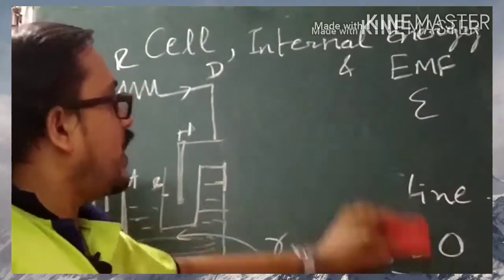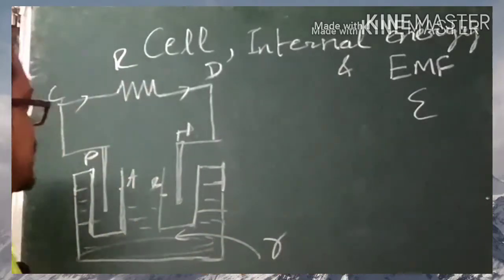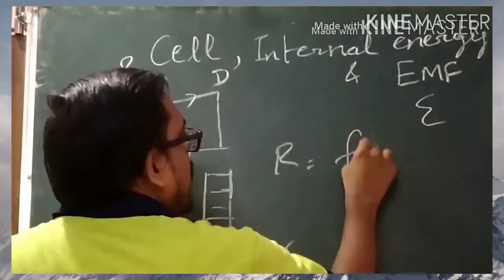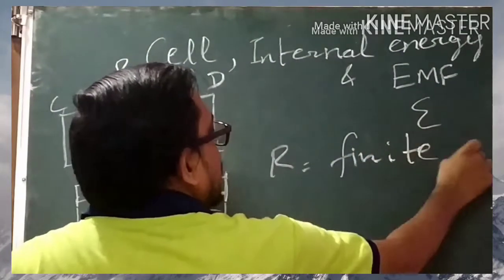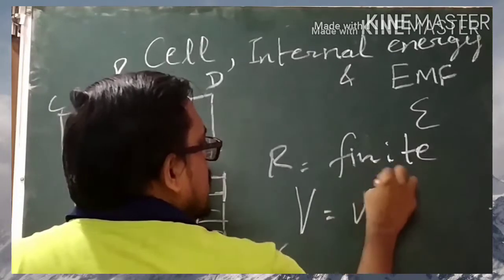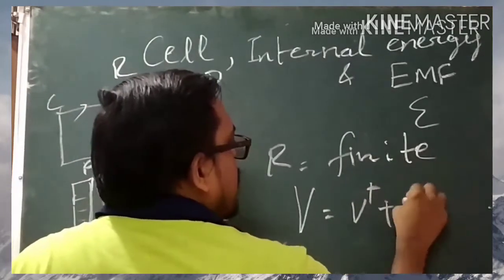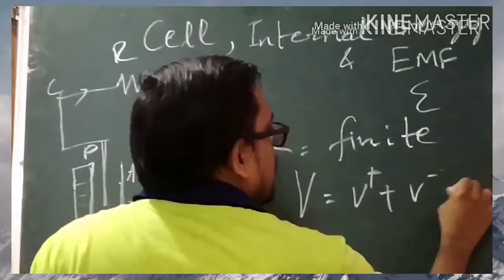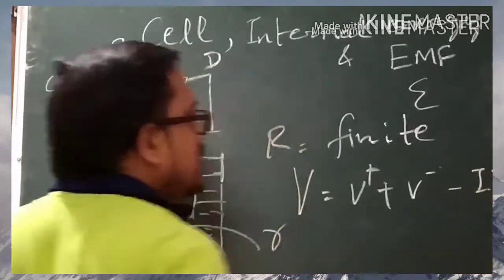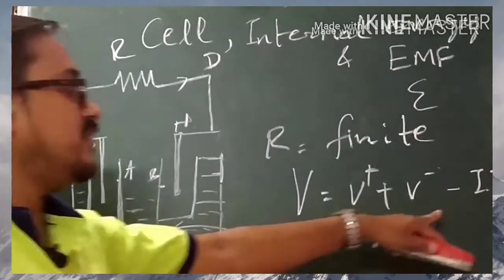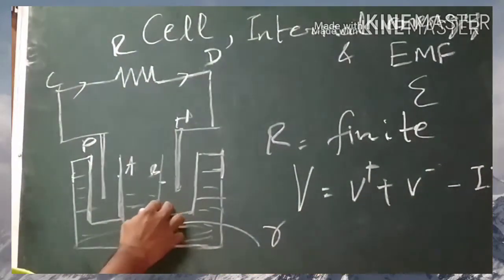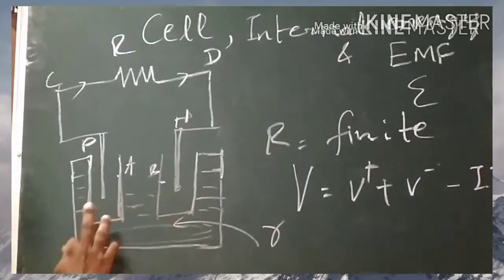But when the resistance is finite, at that time what happens? The potential difference V will be equal to V plus plus V minus, minus Ir. Here there is a negative sign because the current flows from the B electrode to the A electrode.